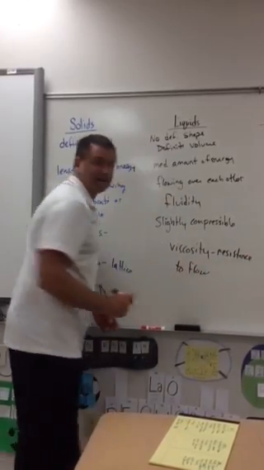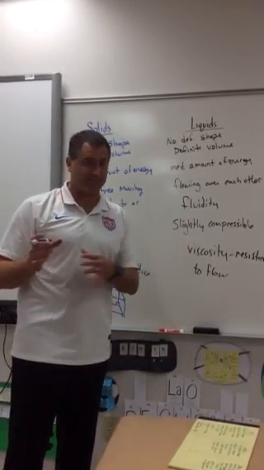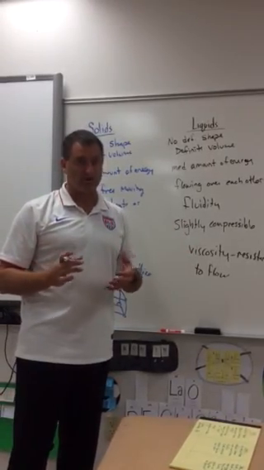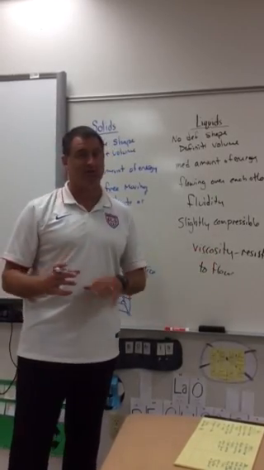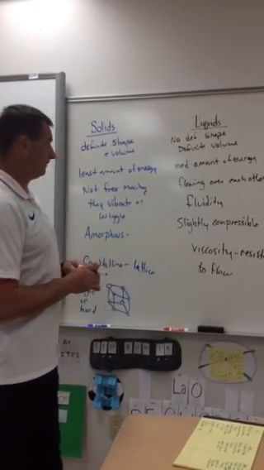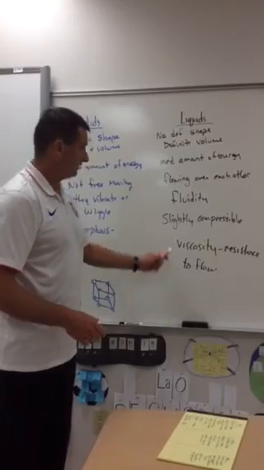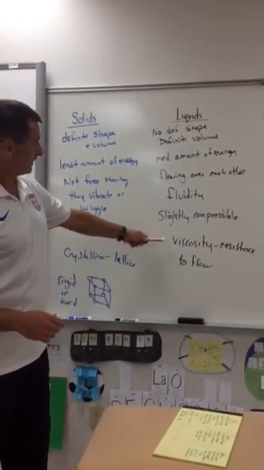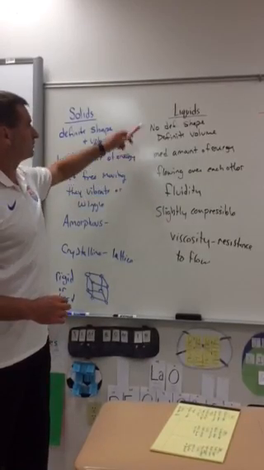Water has a very low viscosity because it flows very easily. Oils and thick, syrupy things have a higher viscosity, which makes them flow slower. That's why they use them in engines to help cut down engine failure. So viscosity, slightly compressible, and fluidity all describe liquids.